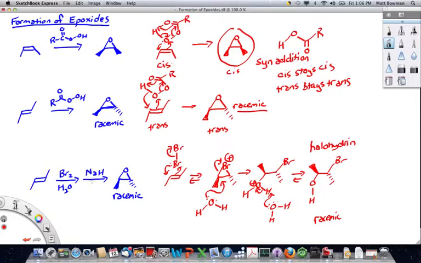This ends the first step. The second step adds base. And what the base does, it does what all bases do: it deprotonates. It deprotonates the oxygen. And then this molecule is set up for an internal SN2 reaction because both this oxygen and this bromide are anti to each other.